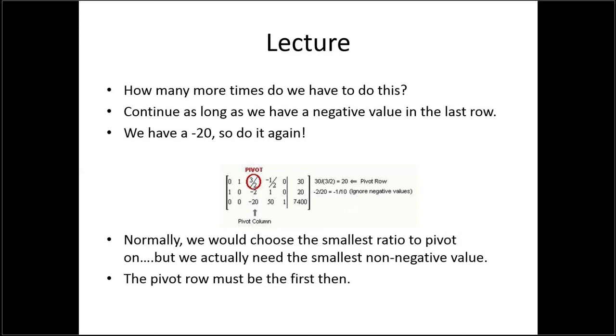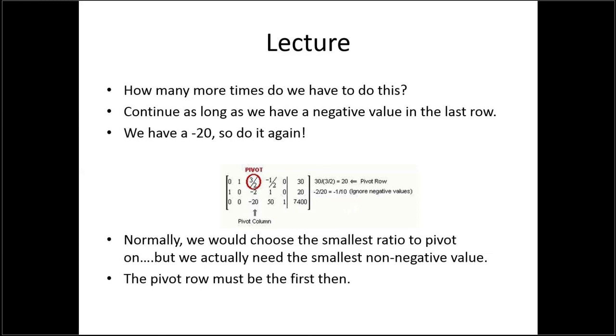So we divide everything by 3/2, and as you can see here, sorry, you get a negative value when you divide the 20 by -2.